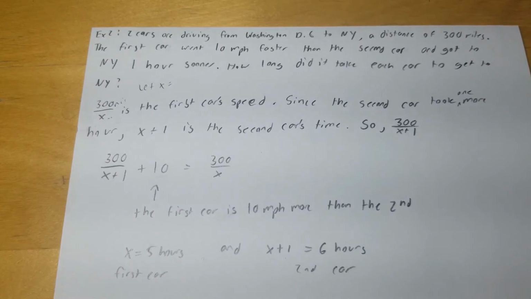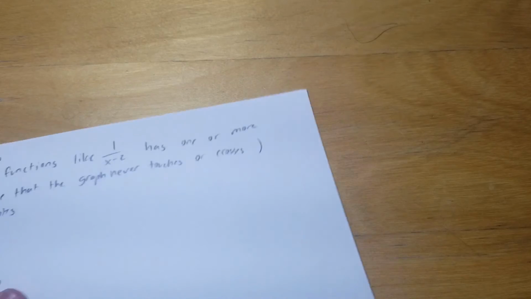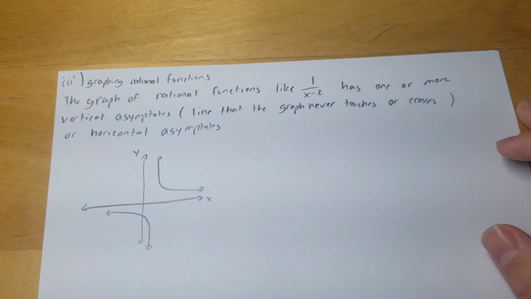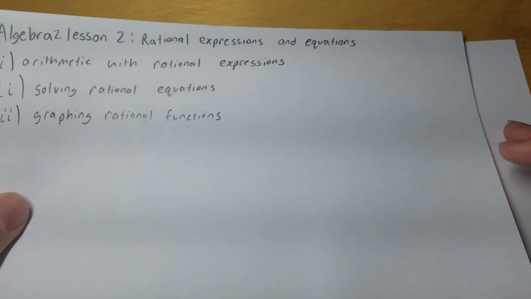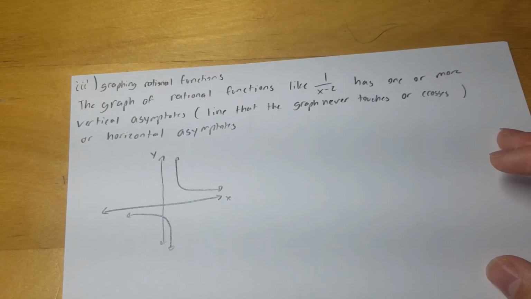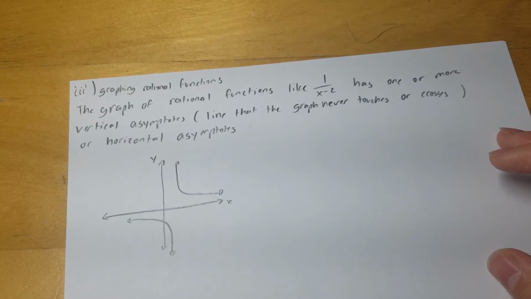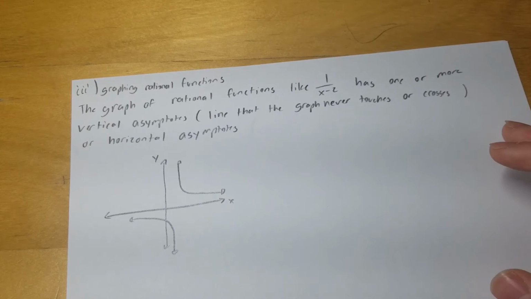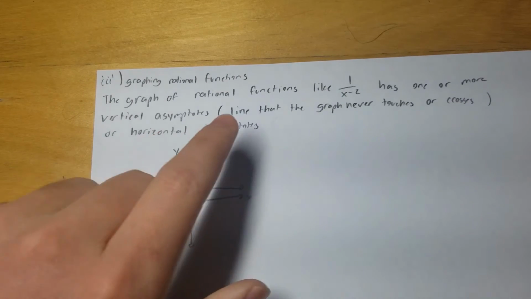Okay, so moving on, we'll be learning the last topic of today, which is graphing rational functions. I didn't write down the other subtopic, where I'll just be using my calculator, so we don't really need it. There are 2 ways to graph rational functions.